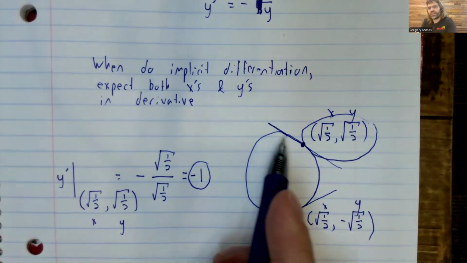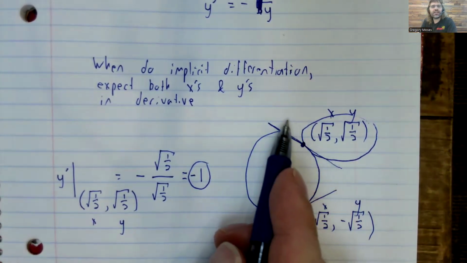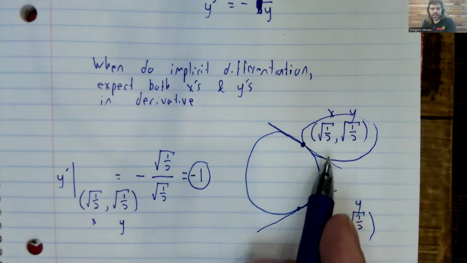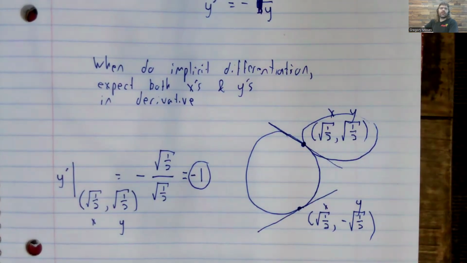So the slope of this tangent line is negative 1. And that's the idea of implicit differentiation.